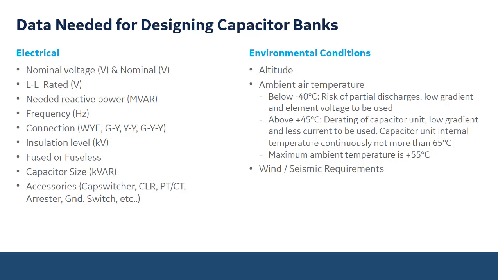And then for your protection, we're going to be using a potential transformer, or PT or VT. A CT would be a current transformer, and then some system protections such as arresters. Generally, we put an arrester on each phase, and then a fourth on your neutral.